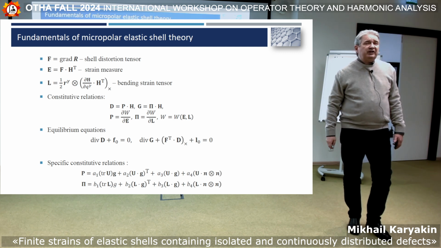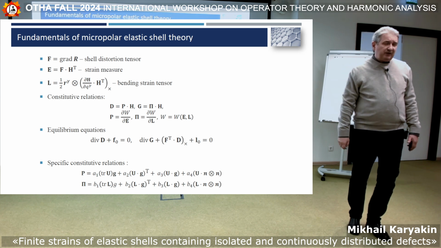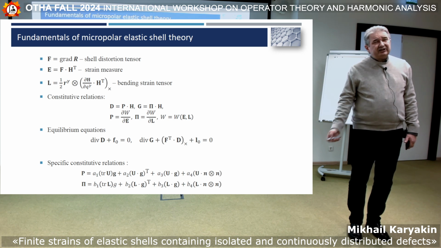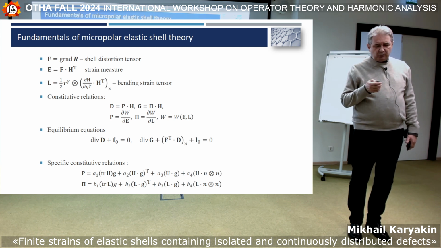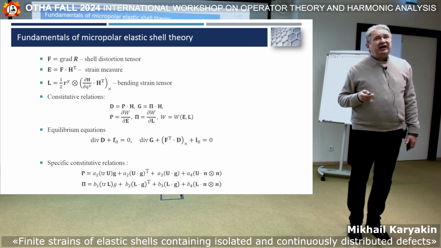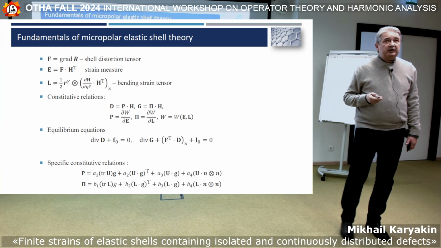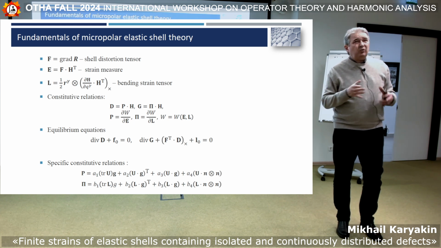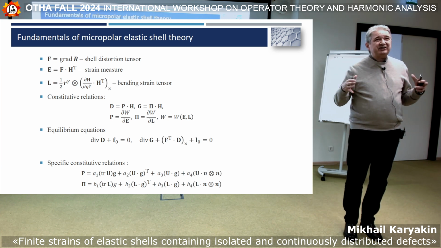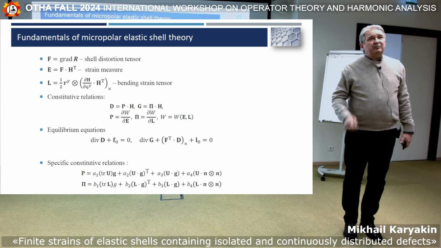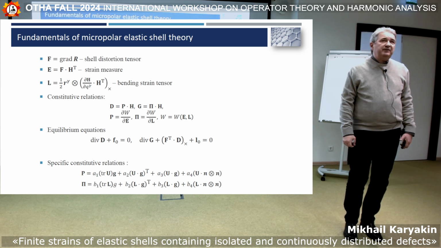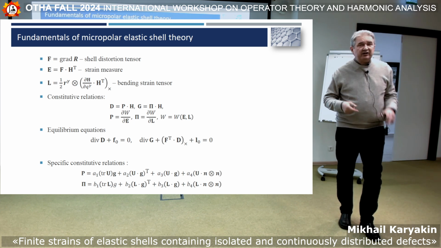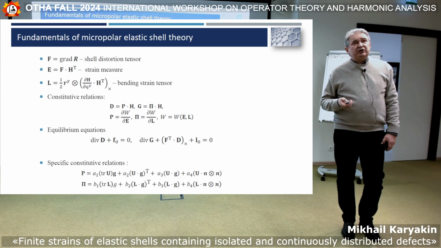The shell distortion tensor is the gradient of the radius vector. Usually in nonlinear mechanics it's called the deformation gradient. Later I'll show you why we don't use the term deformation gradient, but use shell distortion tensor. The strain measure is a characteristic that shows us what happens exactly with the strain, and the bending strain tensor reflects the bending deformation and inner rotation of a particle of our shell.